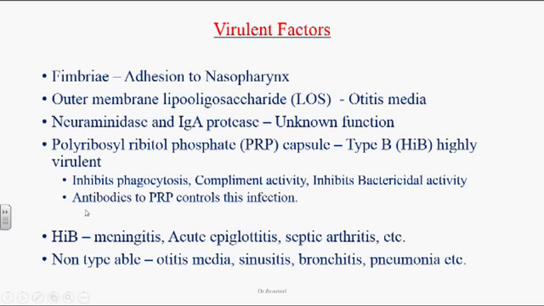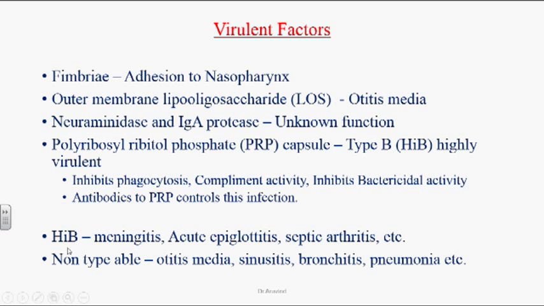Any antibodies produced against this PRP capsule can control this infection. Vaccination is done majorly by targeting this polyribosylribitol phosphate capsule.